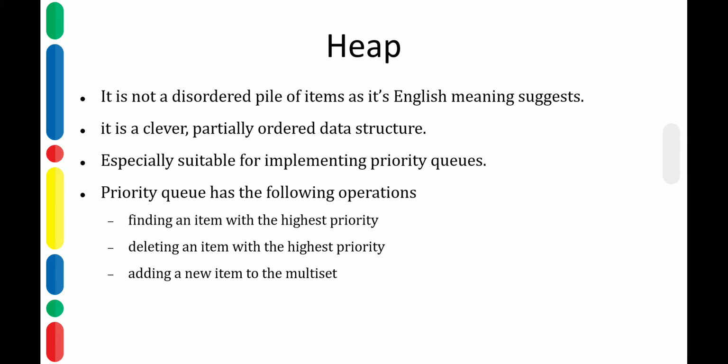However, while adding a new item, there is no such priority assigned. You can insert any element into the priority queue, but deletion is possible only for the element with the highest priority. So these heap data structures can be used to implement such priority queues.